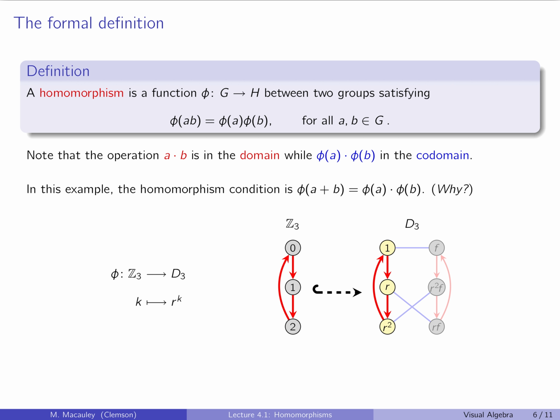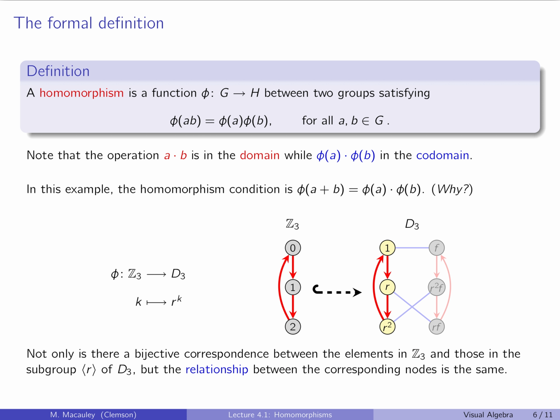In the example that we saw on the last slide, from Z3 to D3, this condition above has to be written as phi of A plus B equals phi of A times phi of B. That's because the binary operation in the domain is not multiplication, but it's addition.